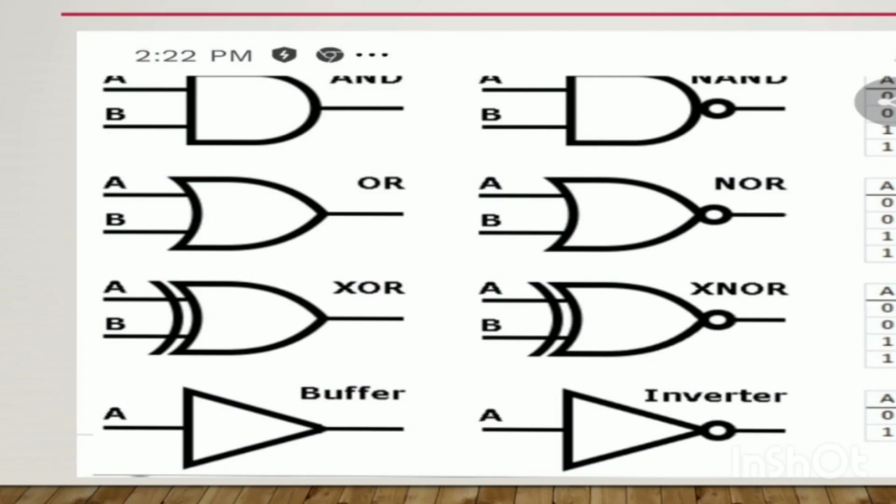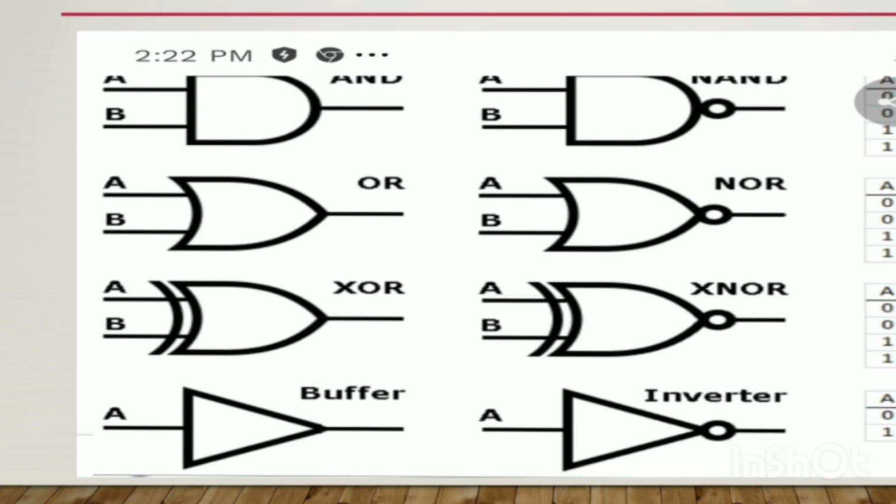This Boolean function is represented by the gates diagram. This is the logic diagram. So these diagrams are AND, OR, NOT or inverter, exclusive OR, XOR, NOR. So these are the gates. These are the diagrams of the gates.